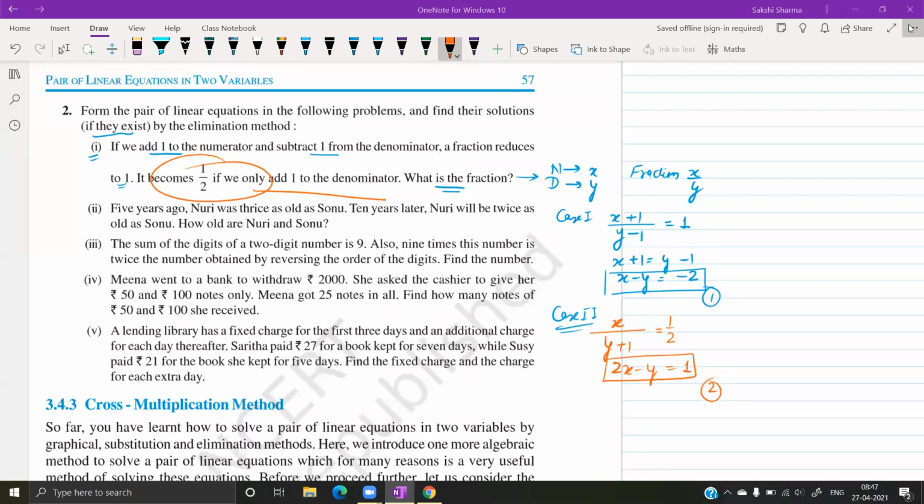Do let me know once you have obtained the answer. Ma'am, x is 3 and y is 5. So your fraction is 3 over 5.